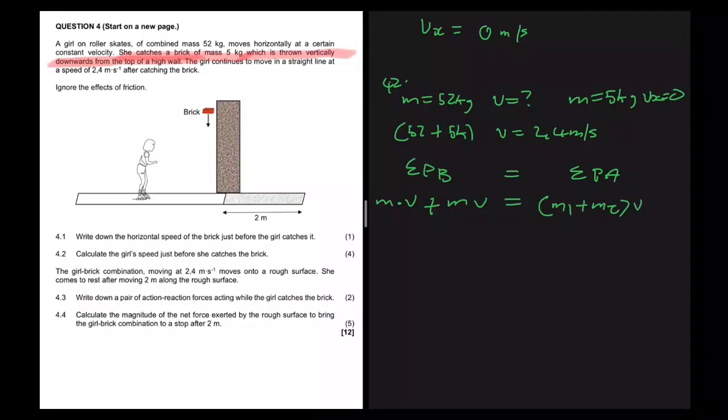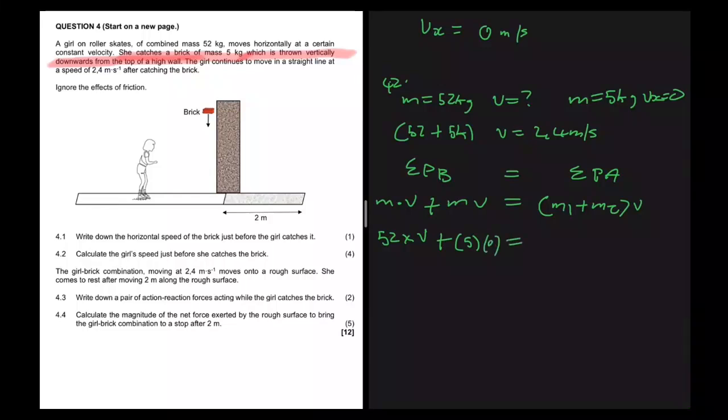So what is the mass of the girl? We know fully well that the mass of the girl is 52 kg. The velocity initially, before catching the brick, is unknown. It's what we're looking for. Plus the mass of the brick, which is 5 kg, multiplied by the velocity of the brick before the girl catches it. We're interested in the x component, so we're going to have 0 here.